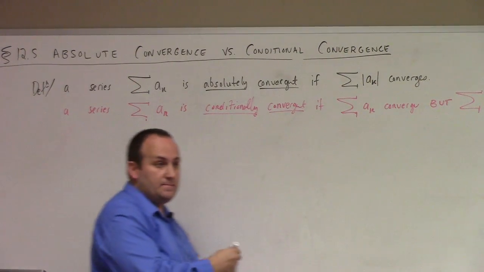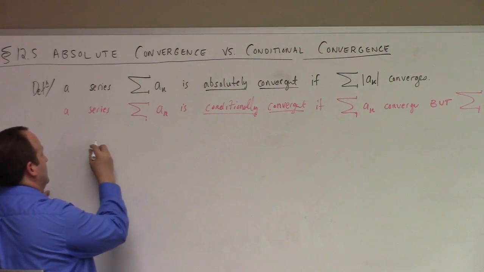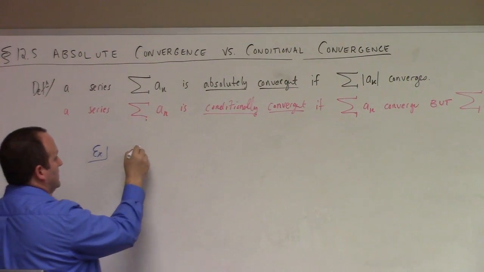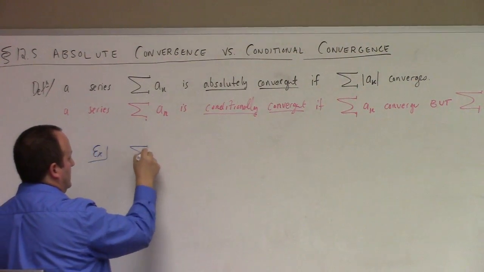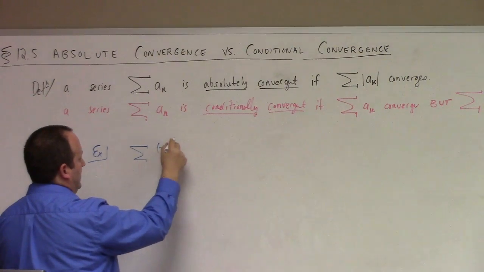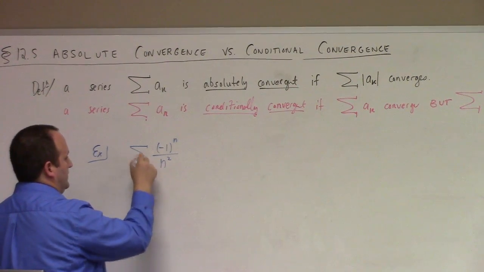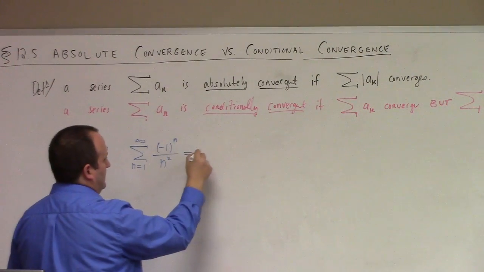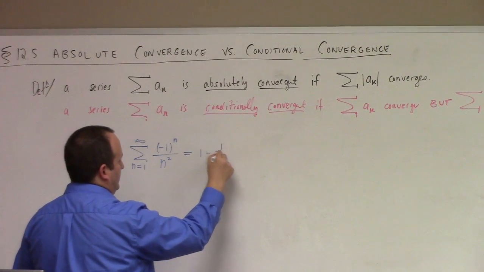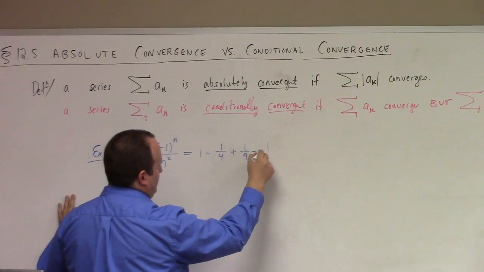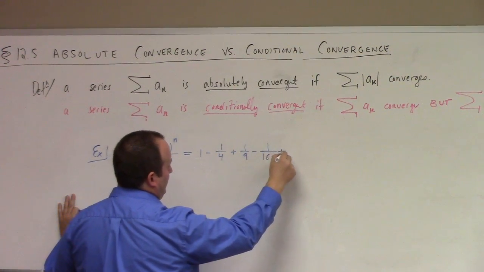Just to give you some examples. Let's see here. The sum of minus 1 to the n over n squared, n equals 1 to infinity. So this would be like 1 minus 1/4 plus 1/9 minus 1/16 and so forth.